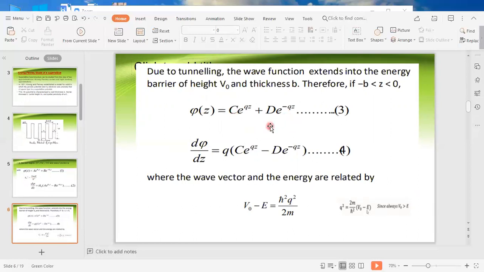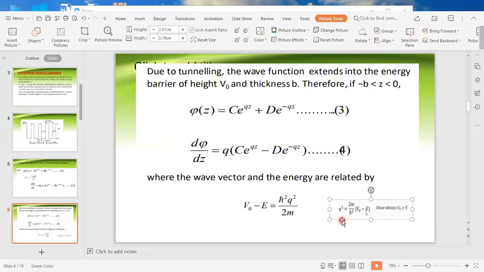C and D are coefficients just like A and B, and q is a wave vector, and q square will be equal to 2m by h bar square times V naught minus E. From this, we can write the relationship between wave vector and energy as V naught minus E is equal to h bar square q square by 2m.